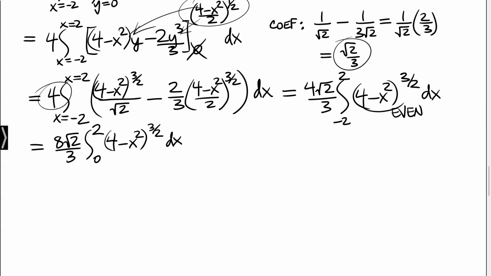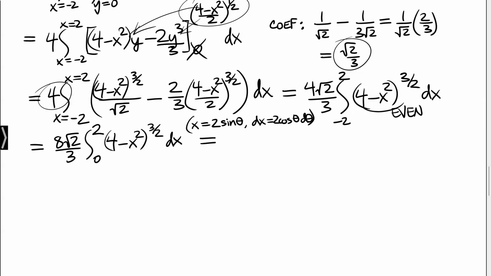And now we have a little bit of work to do. Because this is a quadratic, we have to use a trig substitution. So what trig substitution are we going to use? We need x to be 2 sine theta. If you remember trig substitutions from Calc 2, if it's a squared minus x squared, you want to use a sine theta, which means that dx is 2 cosine theta d theta.